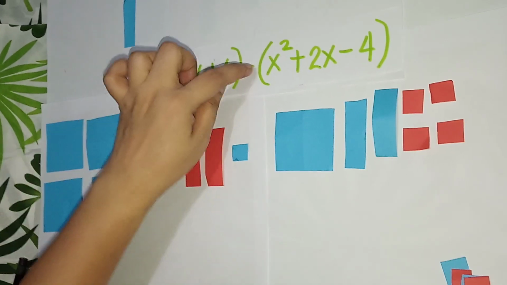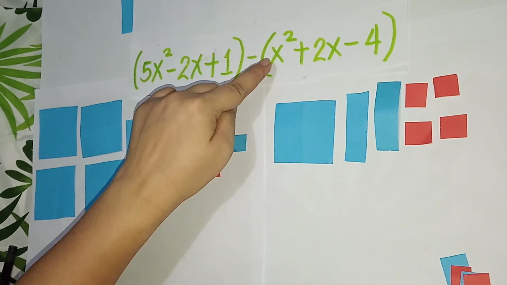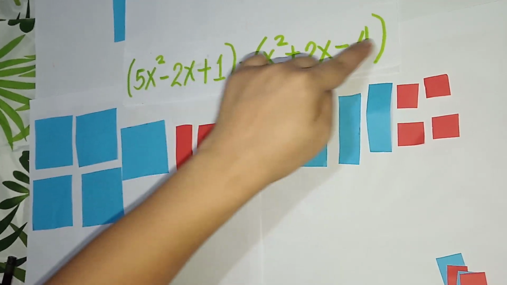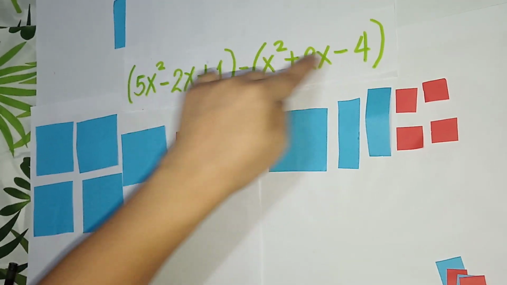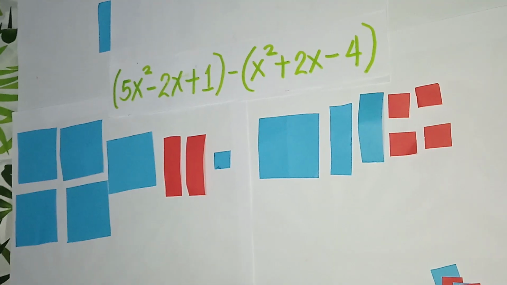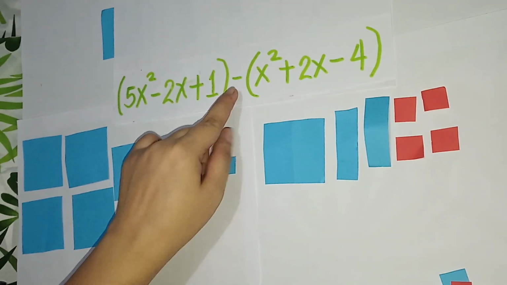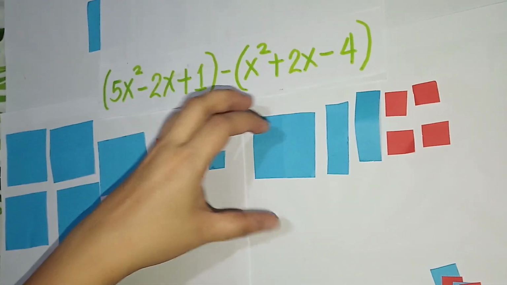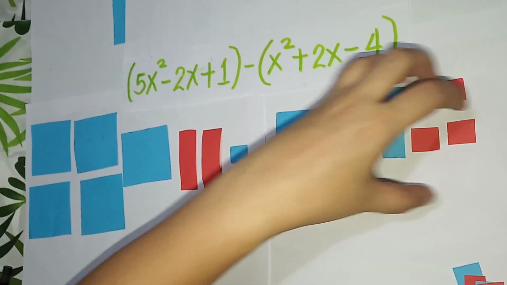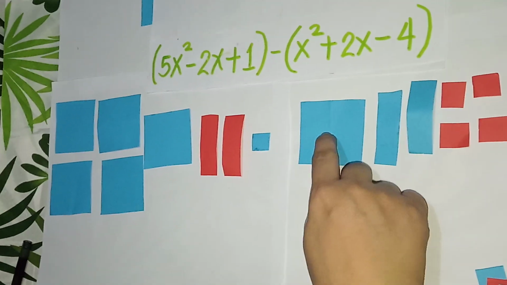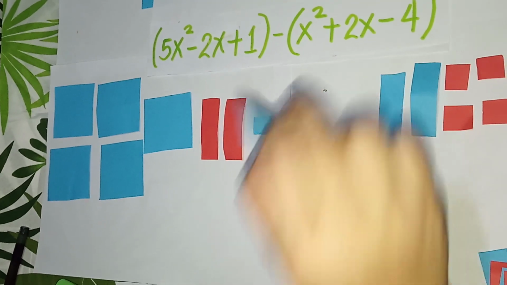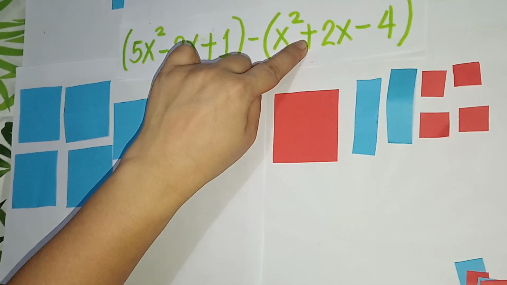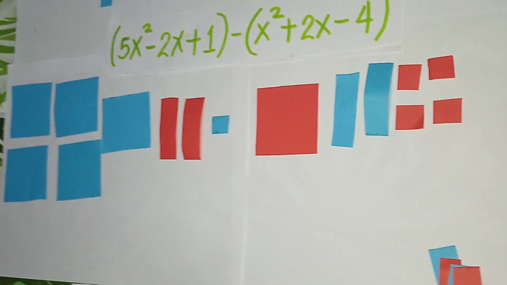Since this is subtraction, all the signs of the subtrahend will be changed, and all the tiles here will be changed. This positive will become negative. This positive will become negative.